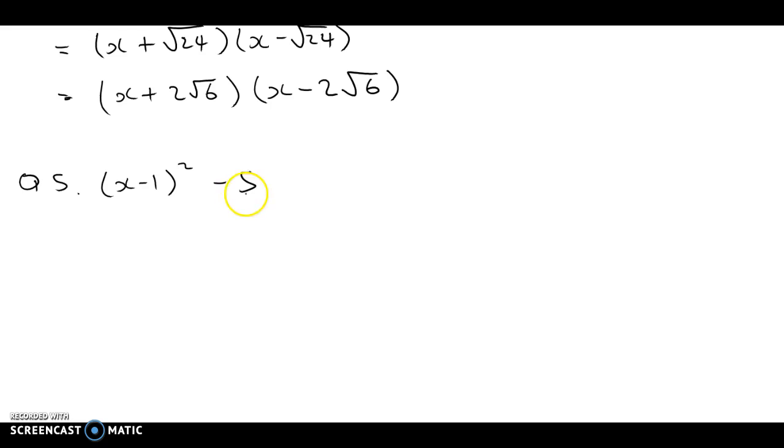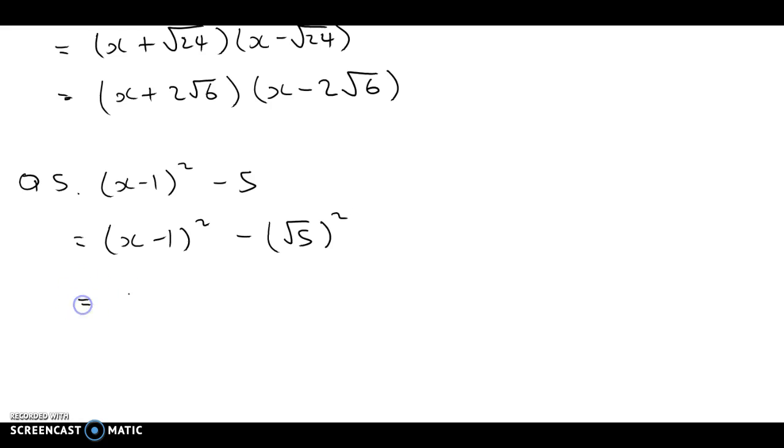Firstly, 5 is not a square number, so we're most likely going to have to use surds here. Let's start by writing this out as x minus 1 squared minus root 5 squared so that we can see the identity there of it being a difference of two squares.